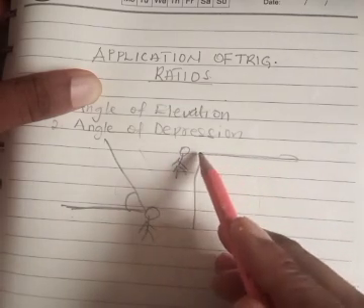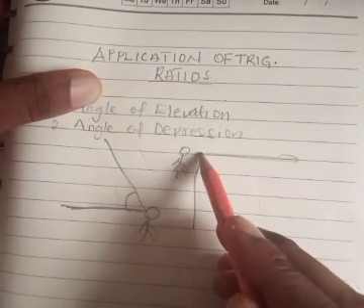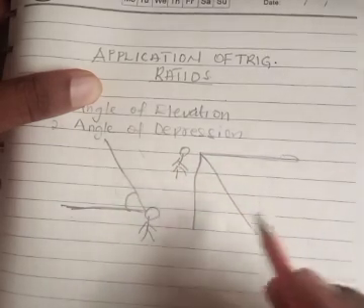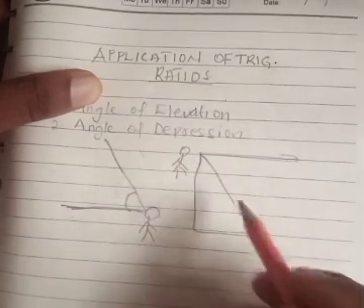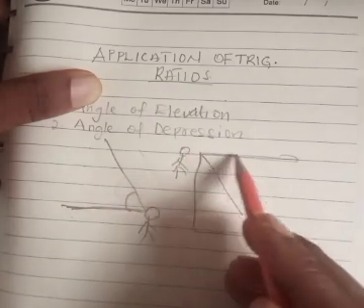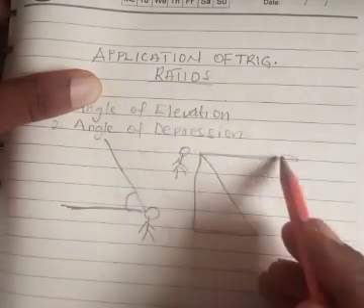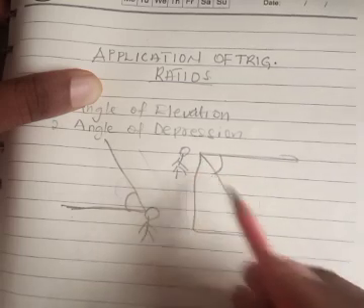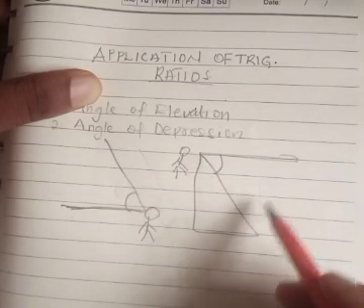Involuntarily your eye will follow it, so you look down. So when you look down, the angle that is formed between your normal look forward and looking down is what we refer to as angle of depression.